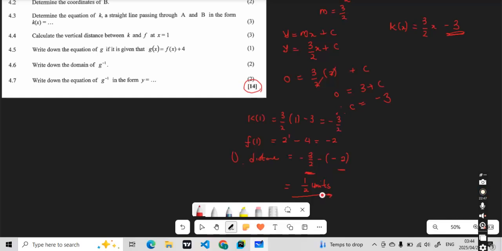Therefore, we move to 4.5. We say write down the equation of g, if it is given that g of x is equal to f of x plus 4. So what do you do here? You just substitute that f of x and add 4. Am I making sense to someone here?